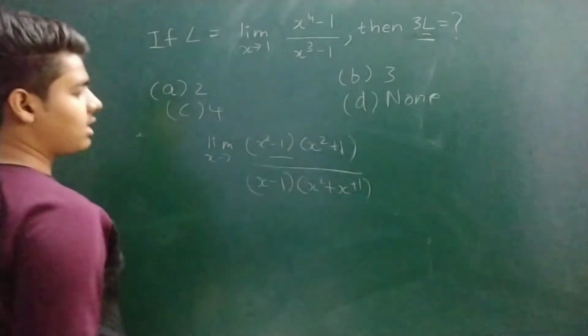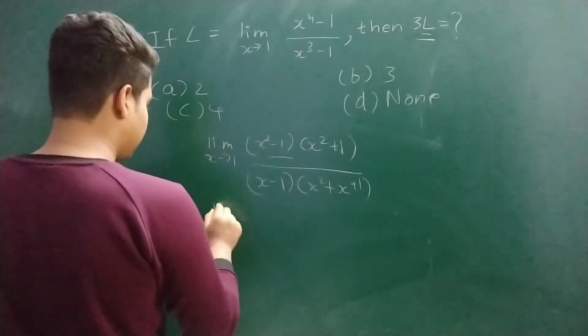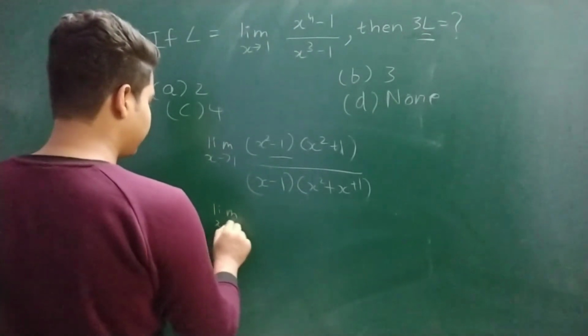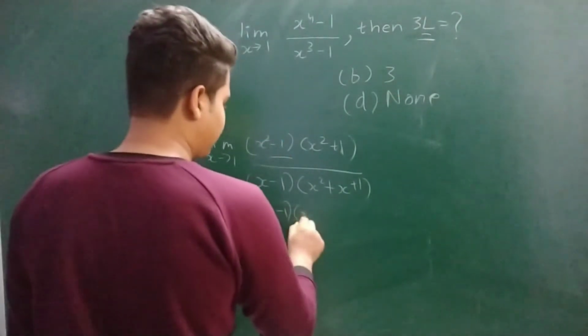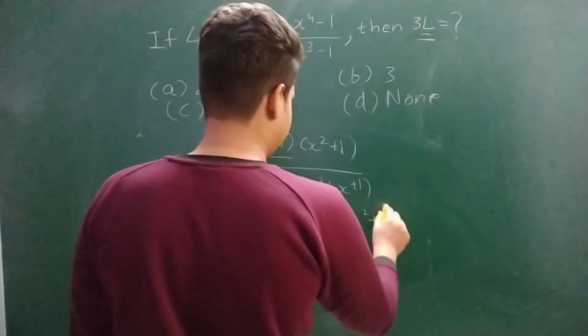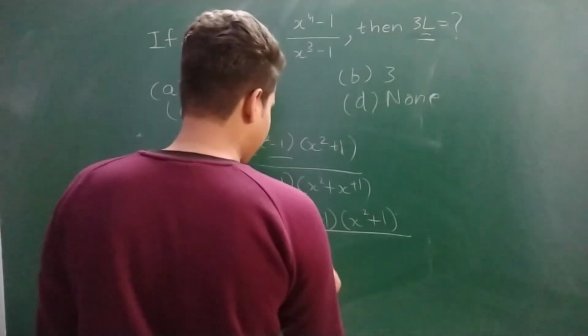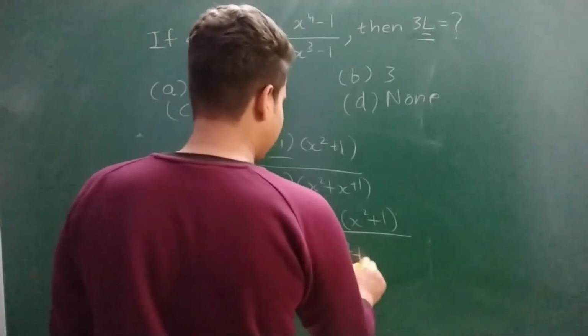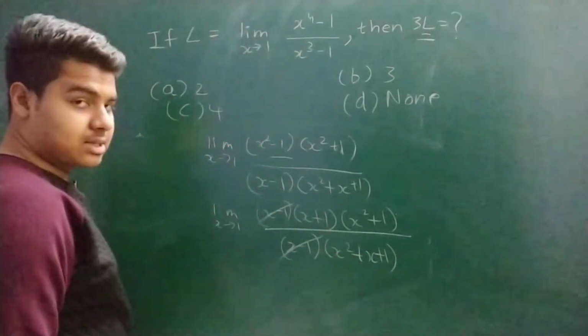And x squared minus 1 can again be written as (x minus 1)(x plus 1). So we have (x minus 1)(x plus 1)(x squared plus 1) upon (x minus 1)(x squared plus x plus 1). x minus 1 and x minus 1 get cancelled out.